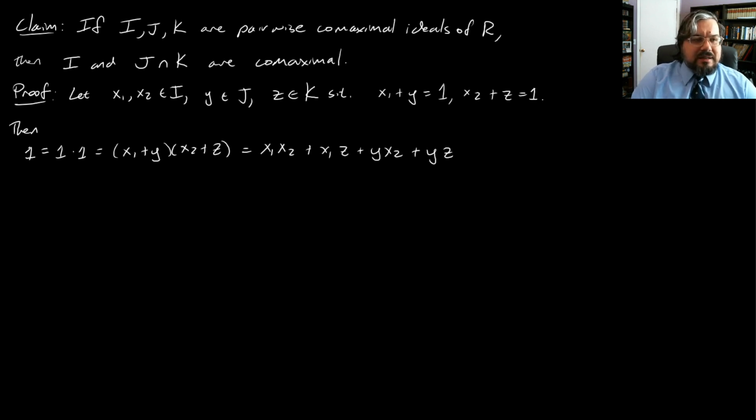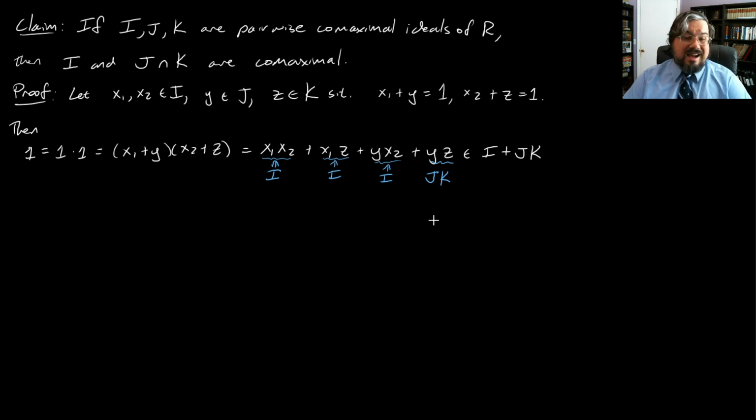And now if I look at each one of these pieces, x1x2 certainly belongs to I, because x1 and x2 do. x1z and yx2 belong to I, because x1 and x2 belong to I in each of these cases. But then yz belongs to JK. So this whole sum right here does in fact belong to I plus JK.